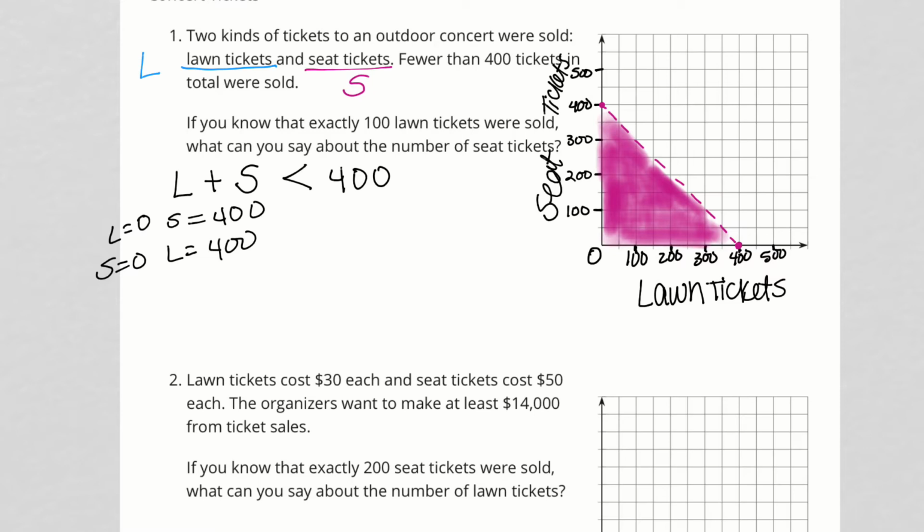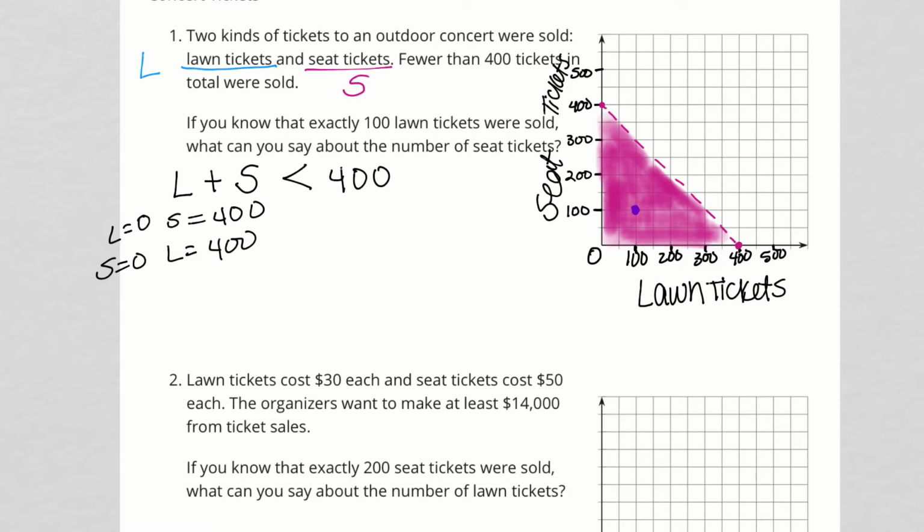Let's do 200, 200. That's not quite in the shaded region, it's on the line, and that's not included in our inequality. Maybe 100, 300? That's still on the line. But 100, 100 works. It's got to be in the shaded region.